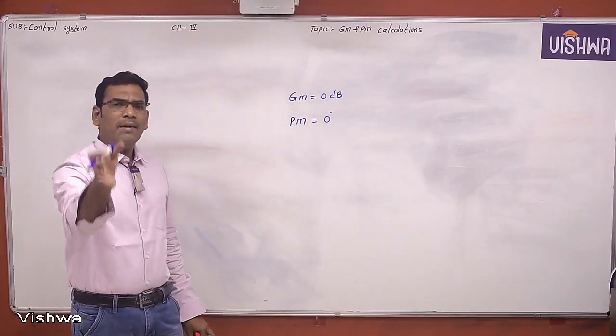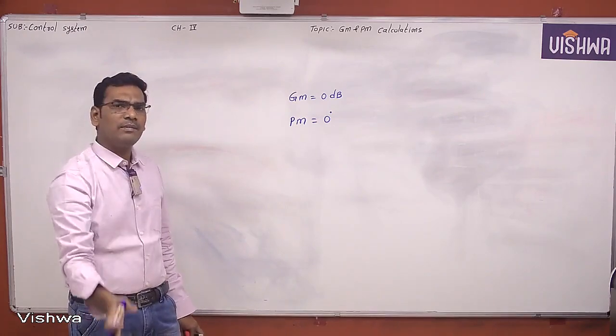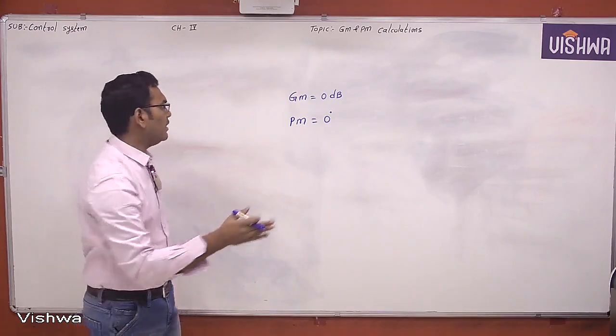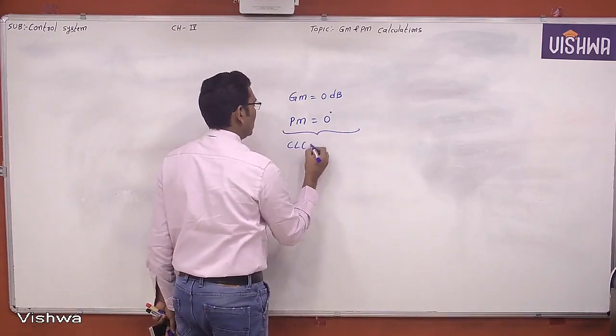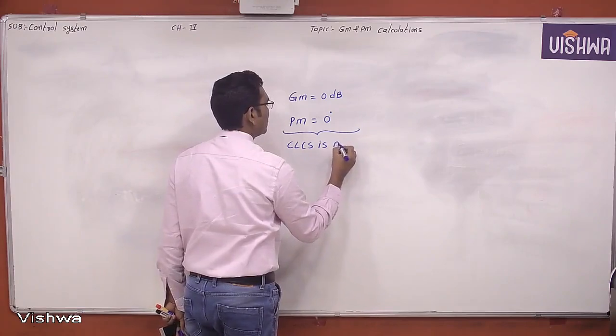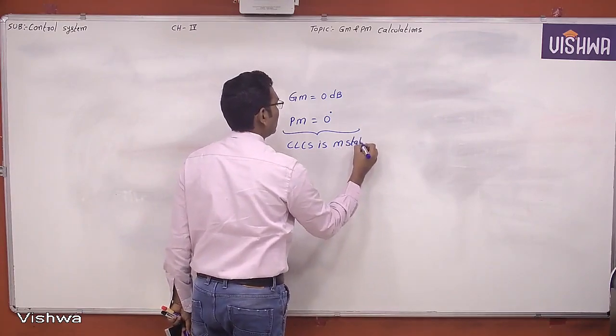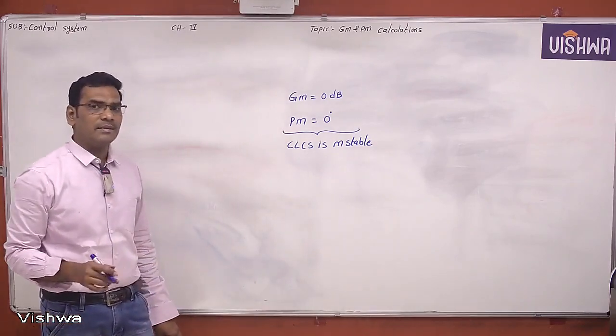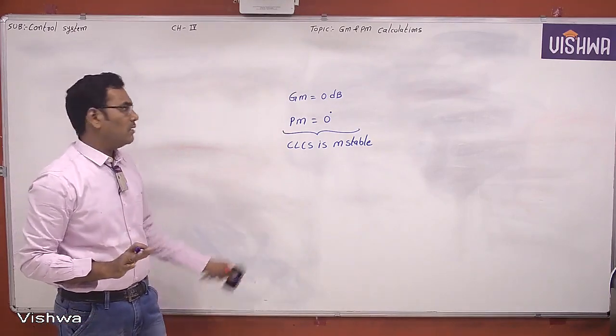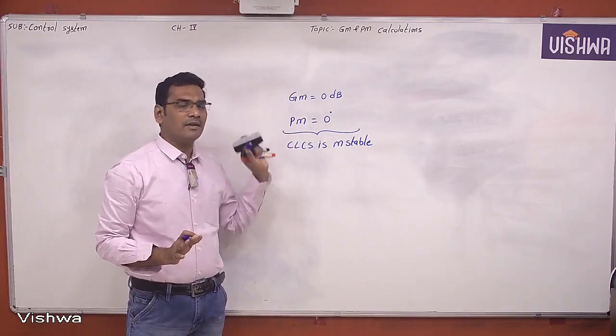If the margin for gain is exactly 0 dB and the margin for phase is exactly 0 degrees, then the closed loop control system is marginally stable. This is the margin for gain and margin for phase.